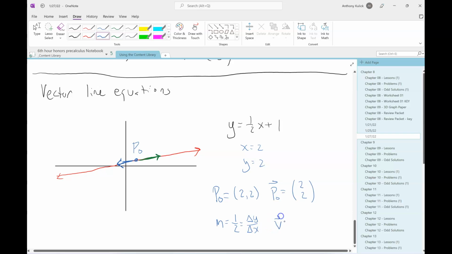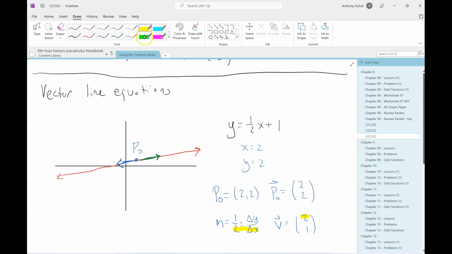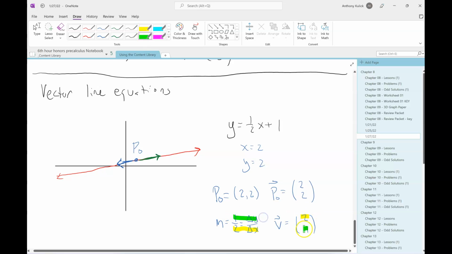So I'll call my direction vector v, and the direction vector is going to be 2, 1. Why 2, 1? Because the x component is on top and the y component's on bottom. So if slope is change in y over change in x, the direction vector should be the change in x over change in y. Everybody's okay with that idea? Okay.